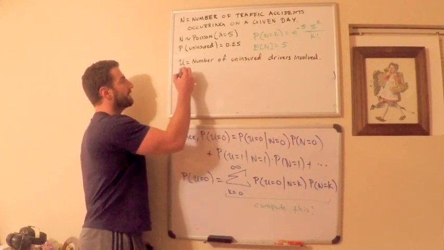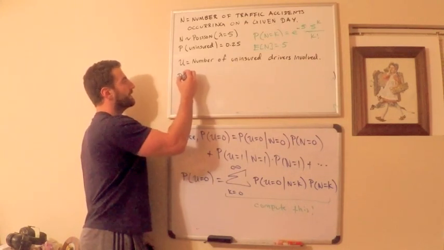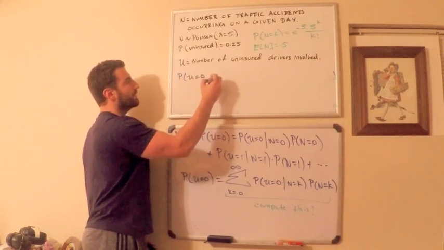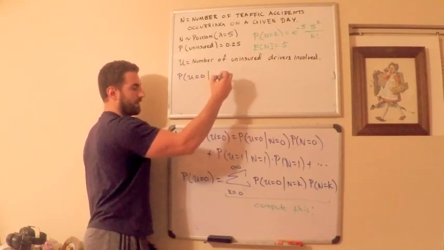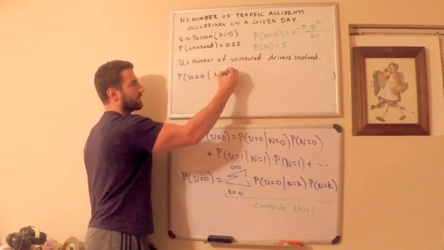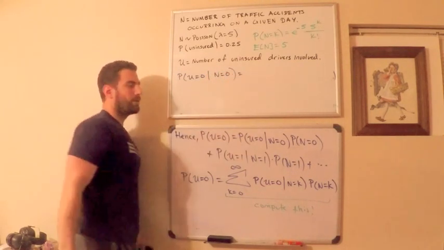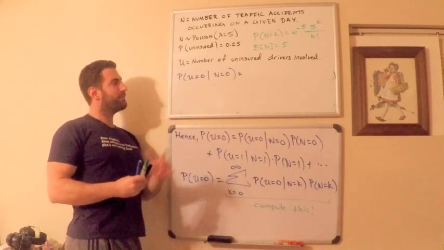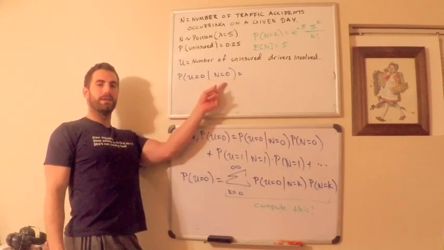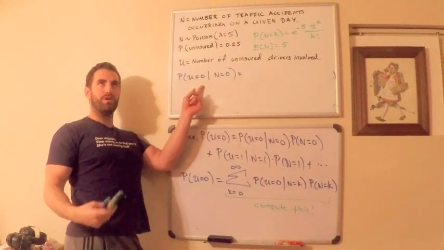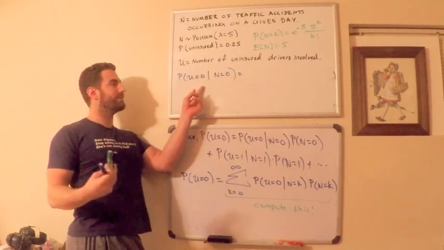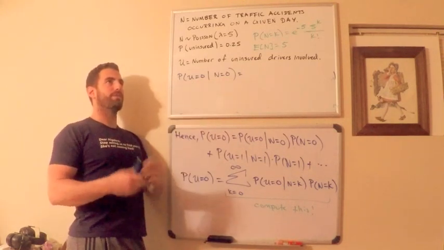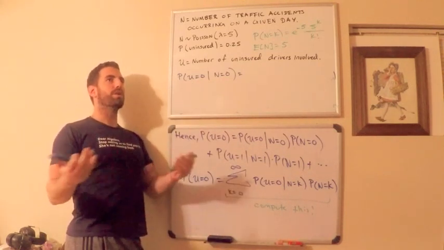What is the probability that u equals 0 given n equals 0? Right, this should be 1. If I have no accidents, then the probability that the 0 accidents involve someone that's uninsured is 1. I mean, if there are no accidents, then no one is uninsured.